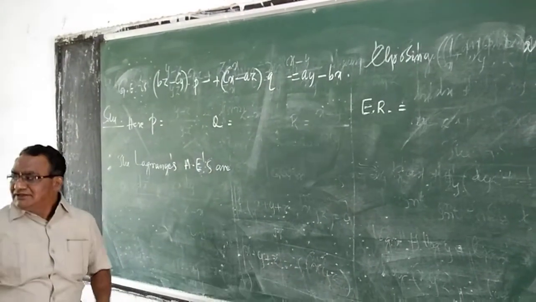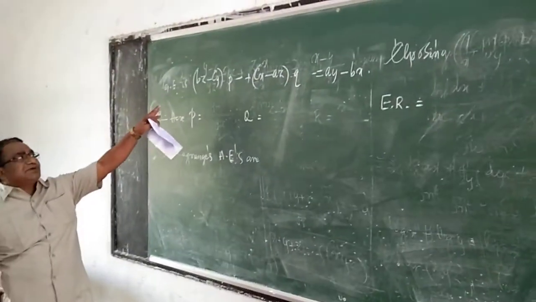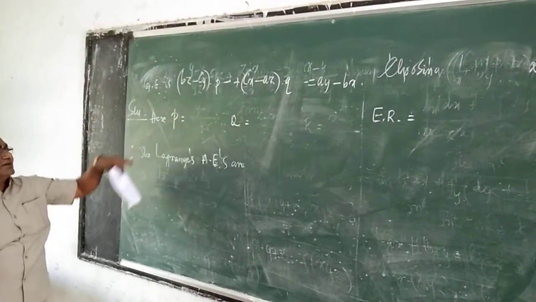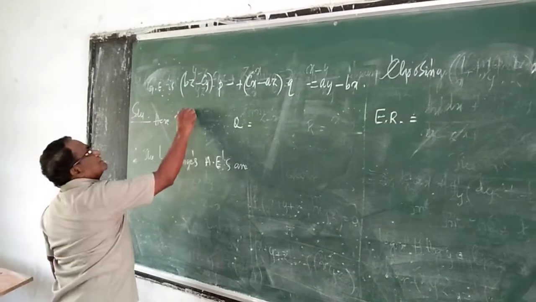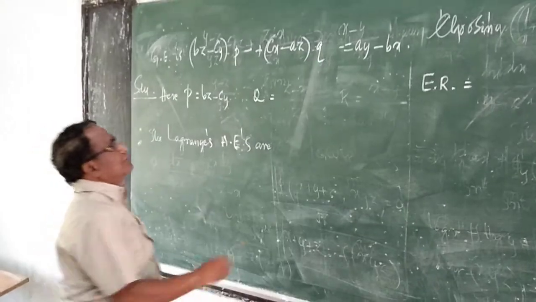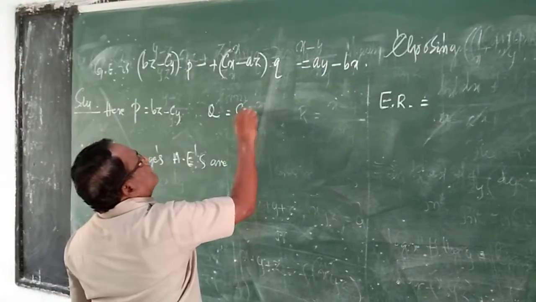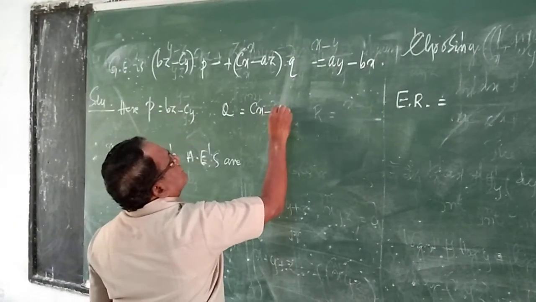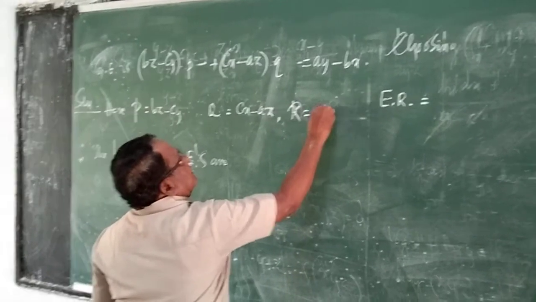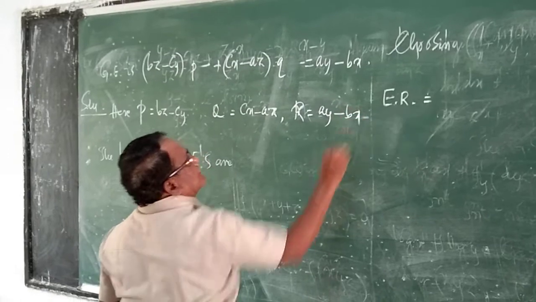Once again, the given example is of the type Pp plus Qq is equal to R, and here P is bz minus cy, Q is cx minus az, and R is ay minus bx.